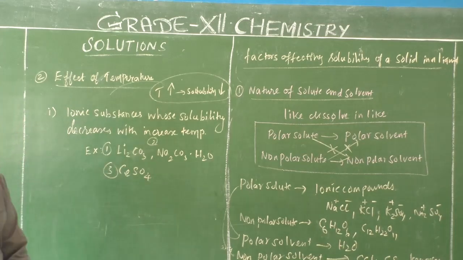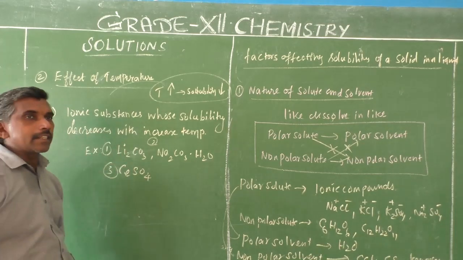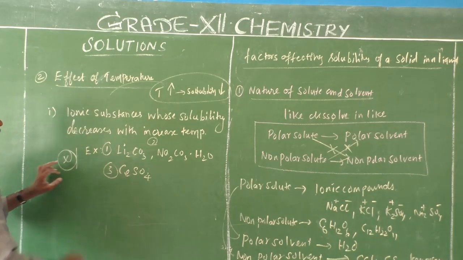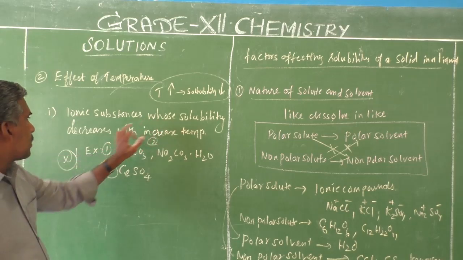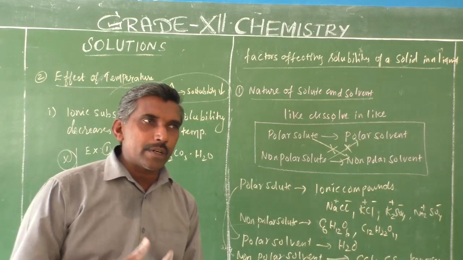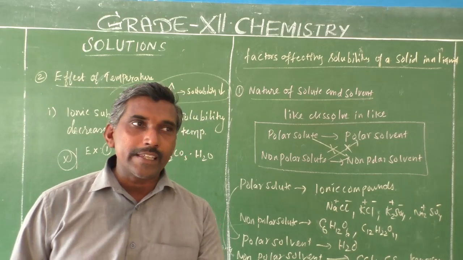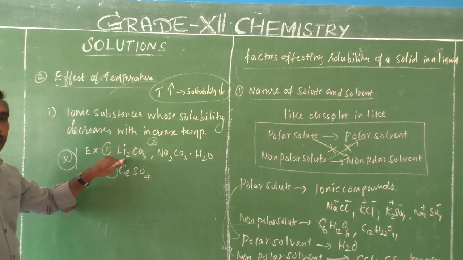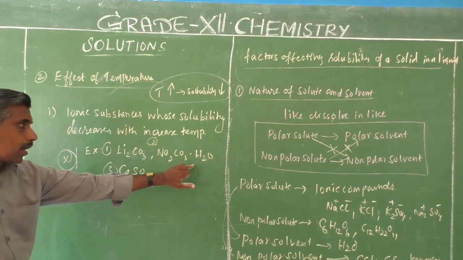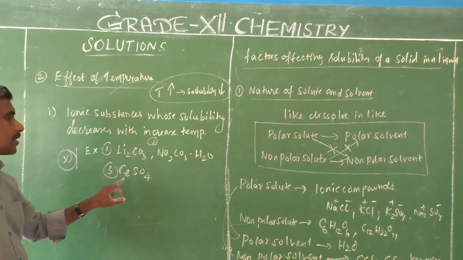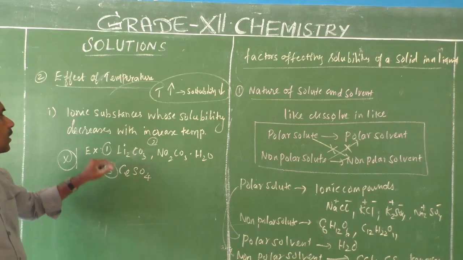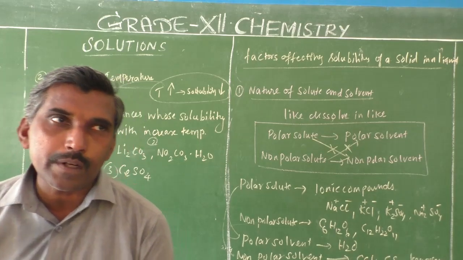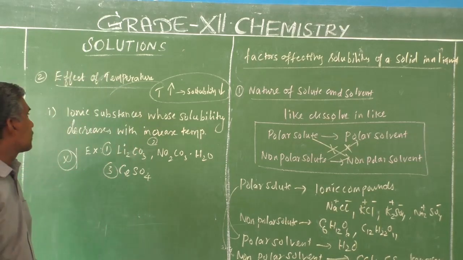When temperature increases, the solubility decreases. These are very good examples. Generally ionic solubility increases with temperature, but the exceptions where solubility decreases are lithium carbonate, sodium carbonate monohydrate and cerium sulfate. These three salts, when temperature increases, solubility decreases.